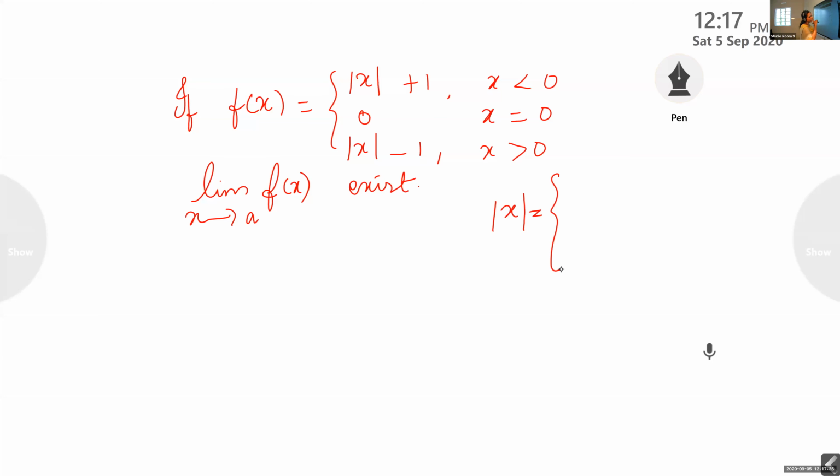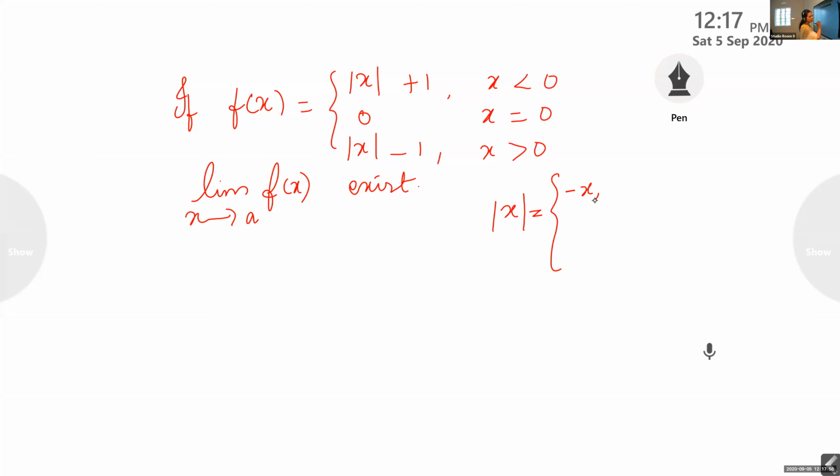Recall and tell me. Gayatri, can you tell me how you will define modulus of x?